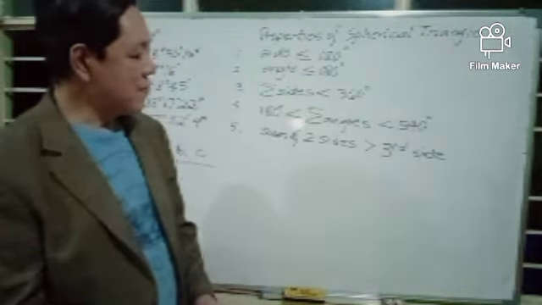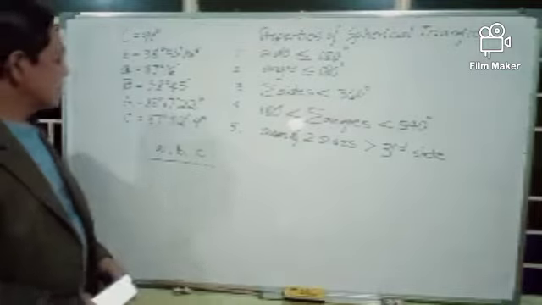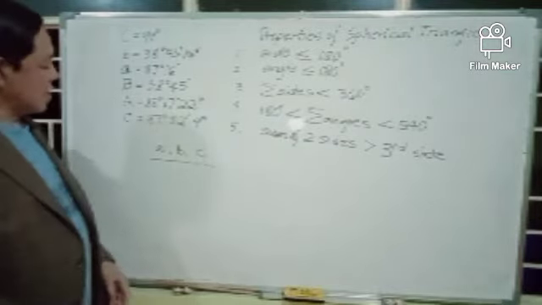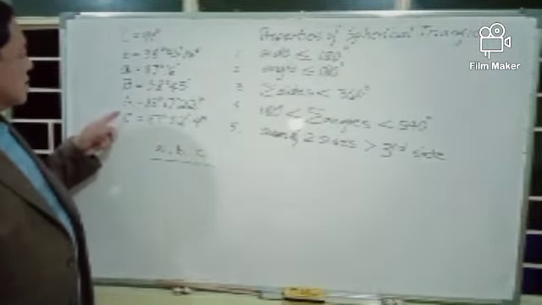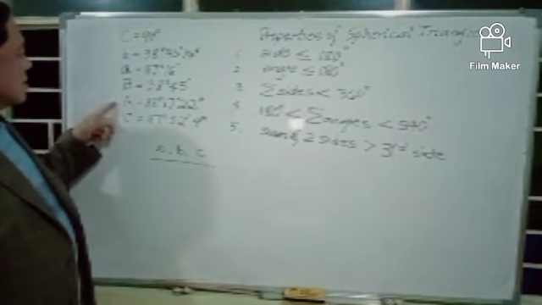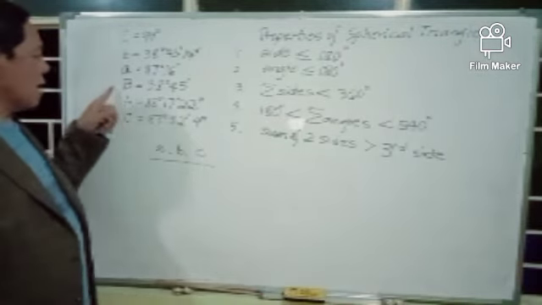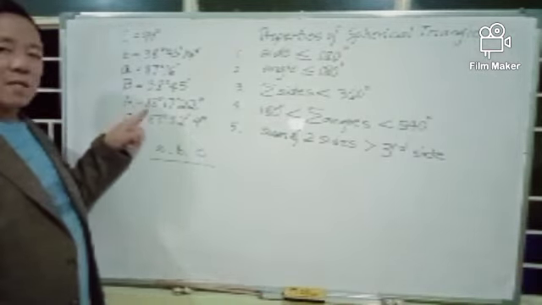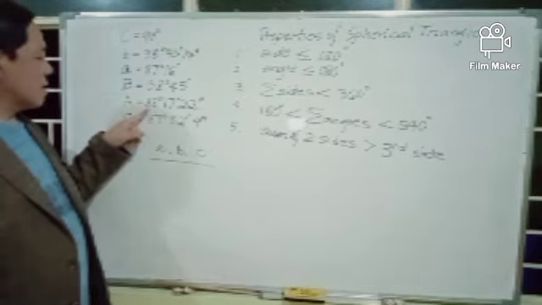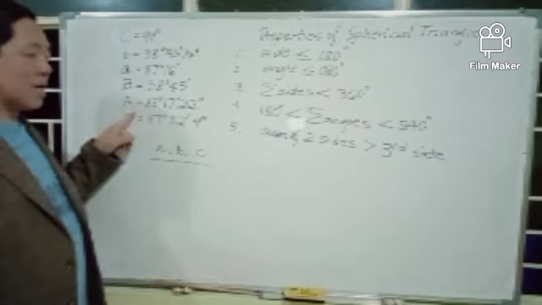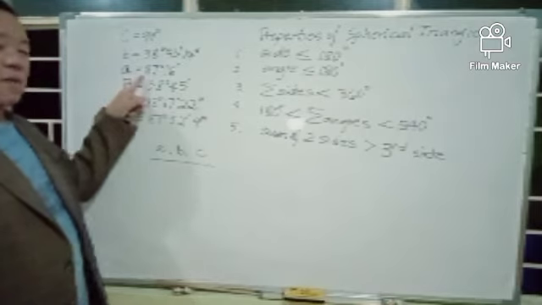Again, the property says that we compare angles A and B. Angle A is 88 degrees, and the side opposite angle A is small a, 87 degrees.